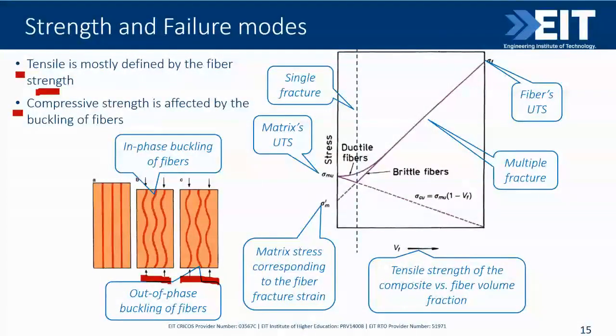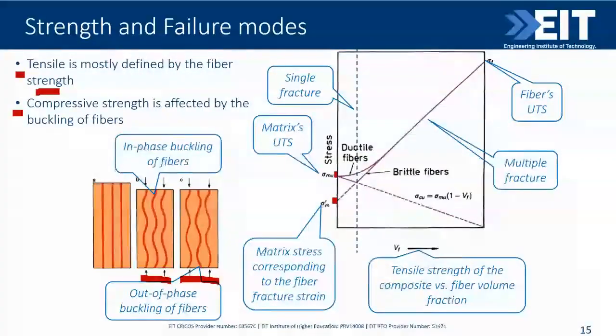What we're looking at is the stress generation in a composite with a matrix having a greater strain at fracture than the fiber. So that starts here. We have the fiber volume on the x-axis, and we have this curve defining the strength of the composite. For a low fiber volume, the strength is provided by the matrix over here.